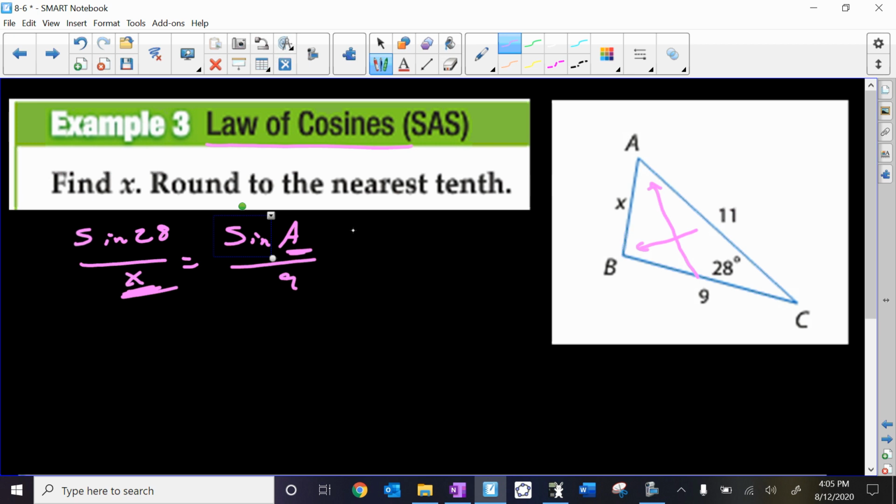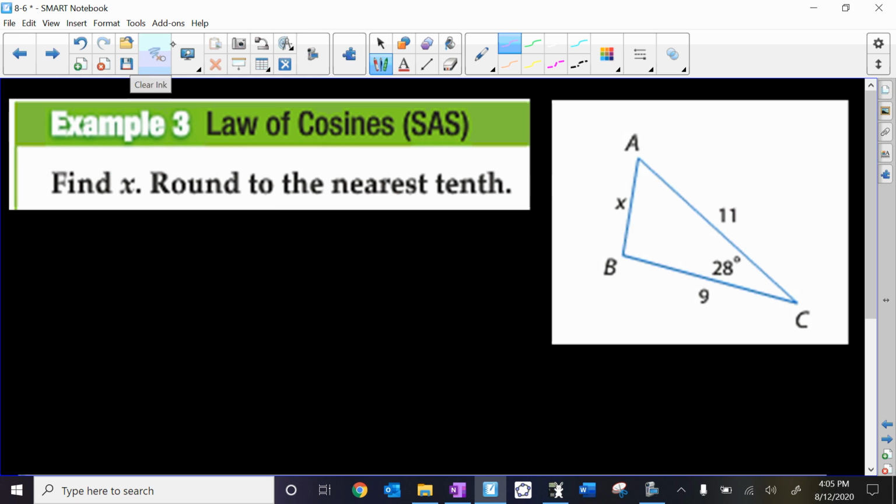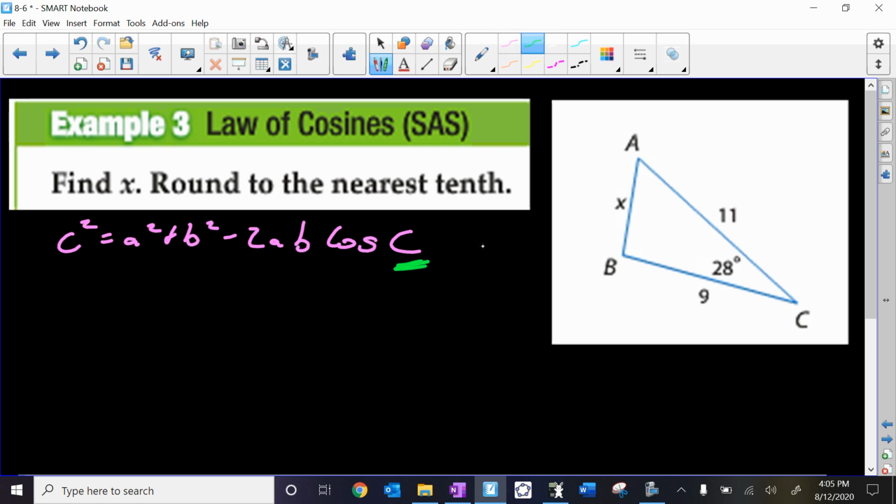So if I end up with two variables, then I'm going to use the law of cosines, which we said is this. Again, we are going to look for our angle measure, C, because the side length across from it also goes by itself.